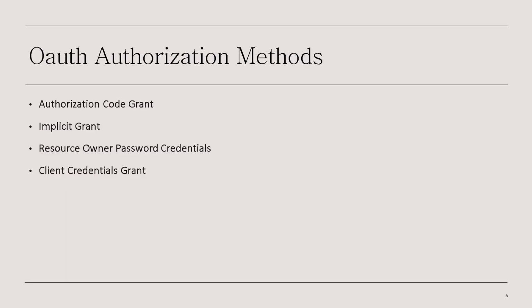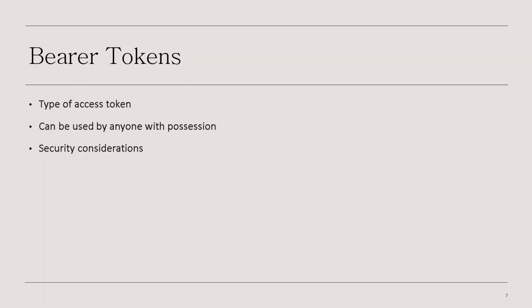We will explore various OAuth 2.0 authorization methods, including authorization code grant, implicit grant, resource owner credential, and client credential. We will also understand bearer tokens, which are a type of OAuth access token that can be used by anyone in possession of it.